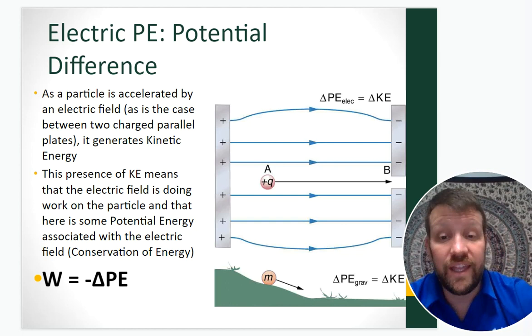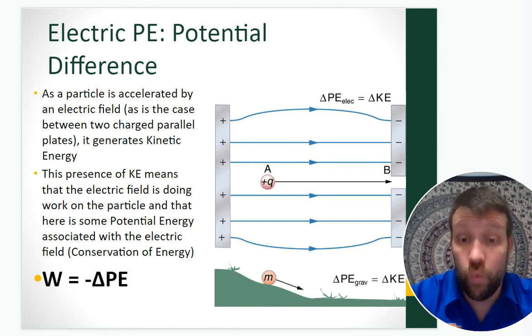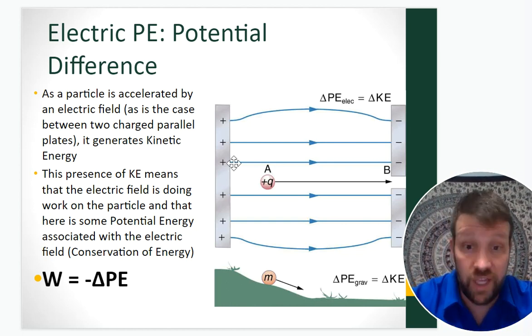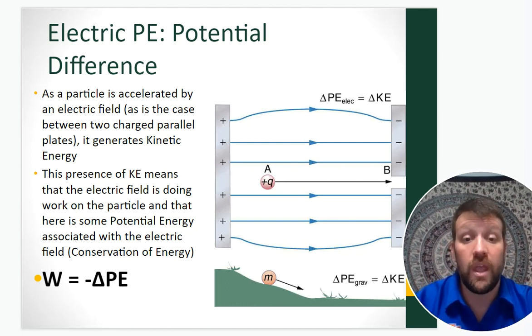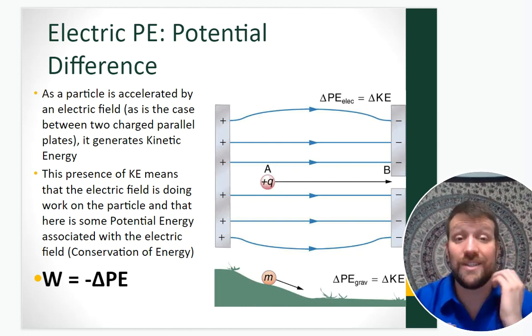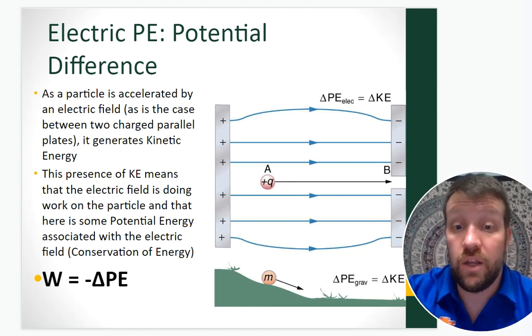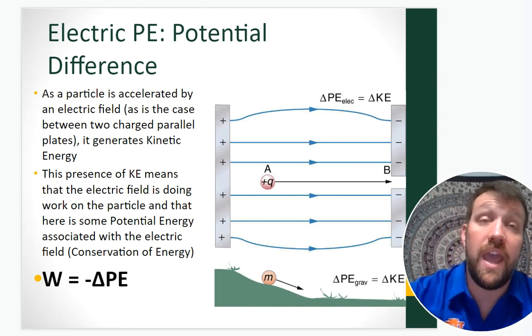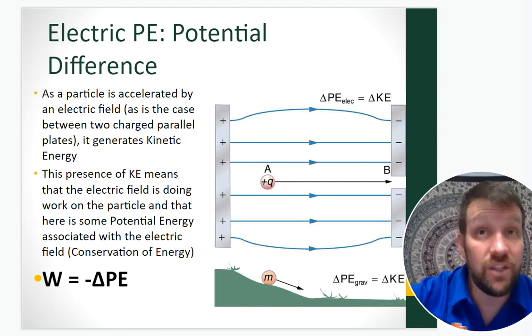The presence of this kinetic energy means that the electric field is doing work on the particle. So it was stationary, and now it's doing work. We're going to have a really hard time determining work being done and the kinetic energy of some of this stuff.